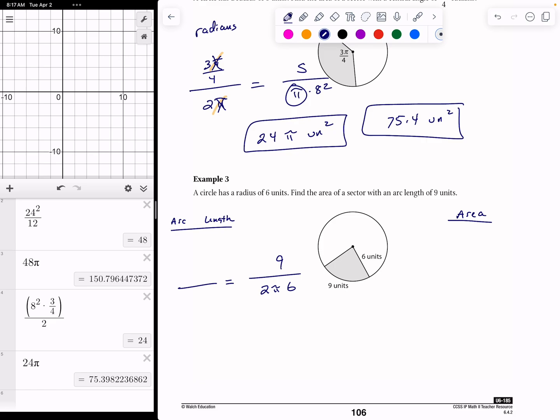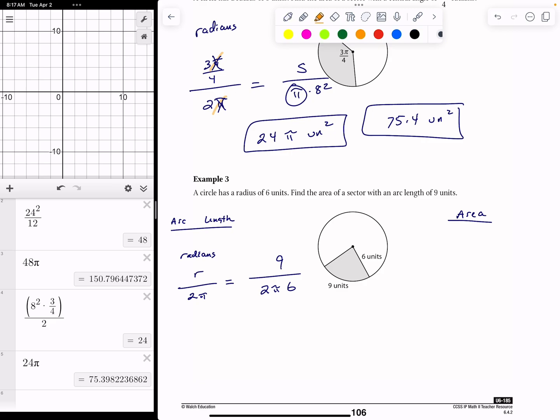We don't know the degrees or the radians. Let's leave it in terms of radians, because the denominator here could be 2 pi, and this is what we don't know. We don't know r.